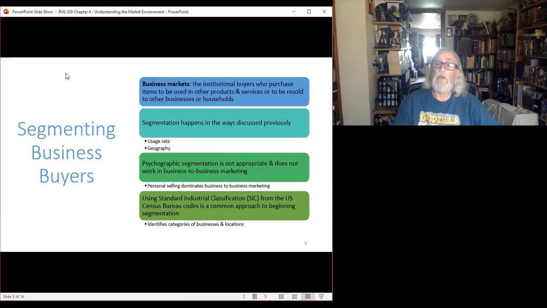Now we can also not always want to be selling to that household consumer audience category, which is the largest. We might also want to segment our market because we're trying to reach people who buy business products. That means people who work at companies who purchase products as a part of their job for use in that company, to either convert into other products or use themselves.